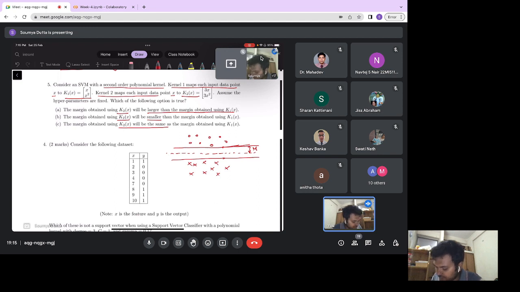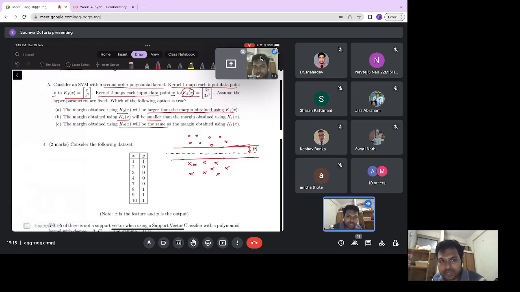If you see here, everything is the same except that one is three times the other. The second kernel is three times the first kernel, and therefore any distance which comes from the first kernel will be multiplied by 3 in the second case.